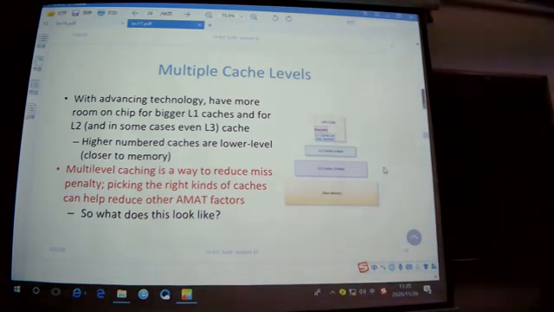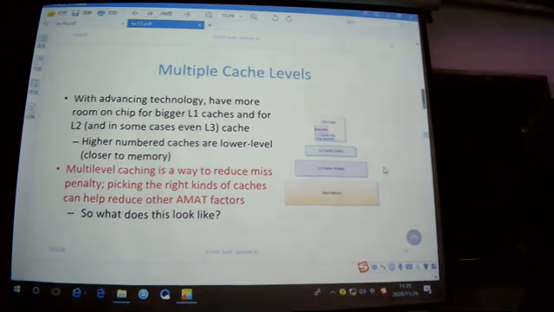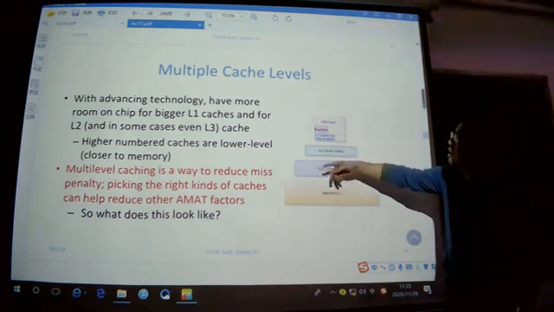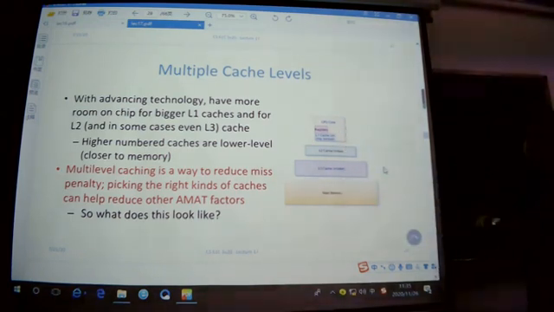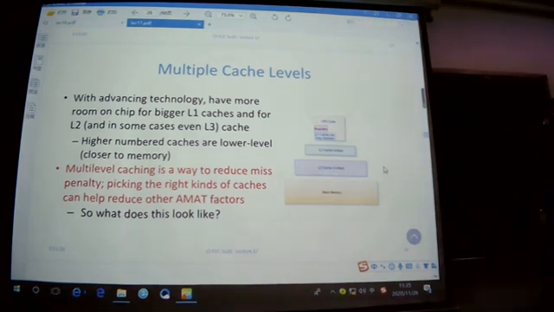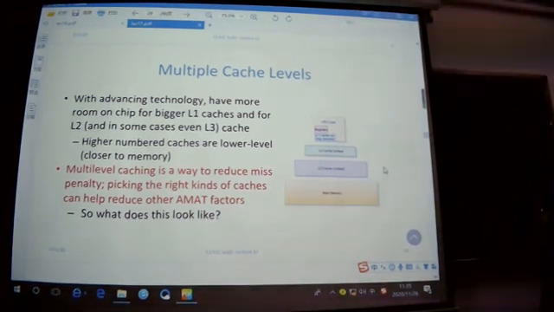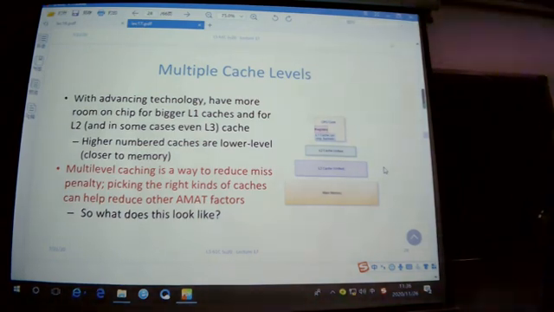We can find that with advancing technology, there is more room on chip for a bigger level 1 and for level 2 and level 3. So this is multiple cache levels. You can find a higher number of caches are lower level. Level 1 is closer to the CPU. Level 3 is closer to memory.